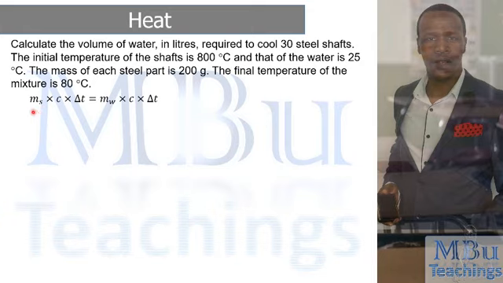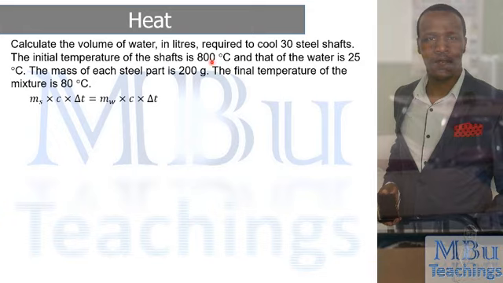First things first, let's change that mass of steel into kg, because it is given in grams, and we are told that there are 30. Each steel shaft is 200, so we'll say 200 grams times 30 and find out what the mass is.